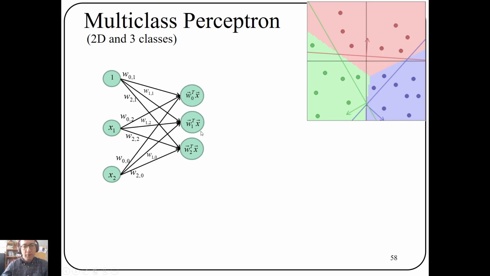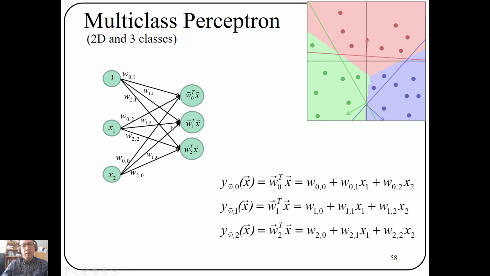So we have 3 neurons here because we have 3 classes. For example, that dot product could represent the equation of that red line, the second dot product the green line, and the last dot product the blue line. If you unroll all of these equations, that leads to this equation system.